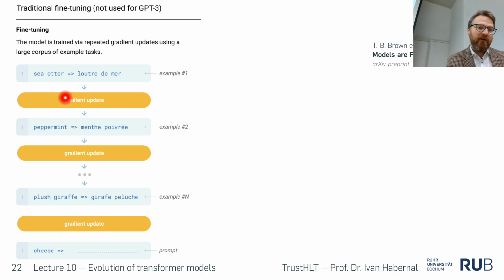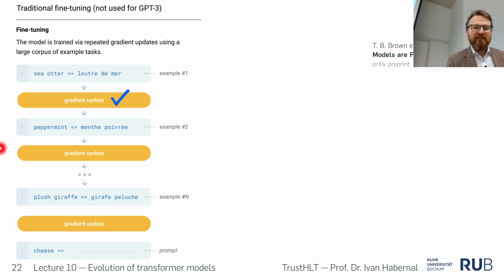You're translating phrases like sea otter, and okay, can somebody speak French? Loutre de mer. Thank you very much. So you show these examples, and then after showing the example, of course, you compute the loss, do the backprop, update the gradients, and change the parameters of the model.